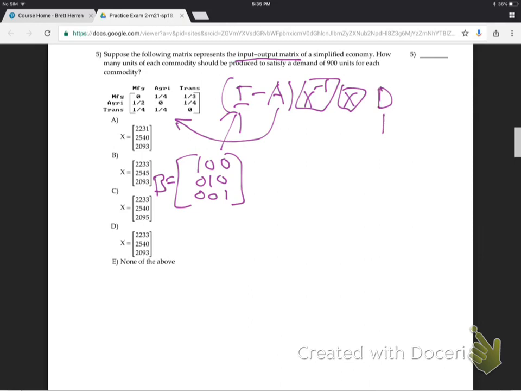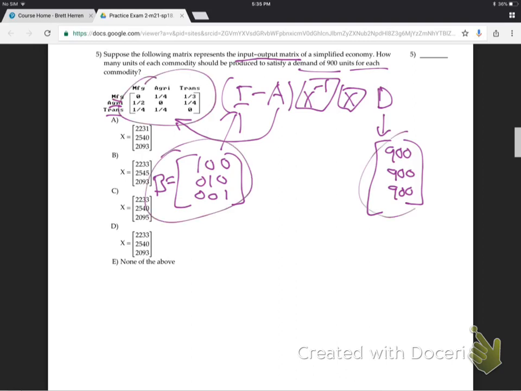And the D matrix, what's the D matrix? It's right here. Demand of 900 for each. 900, 900, 900, right? There's 3. It's manufacturing, agricultural, and transportation. And they're all 900. So basically put this in matrix B. This is matrix A. And this is matrix D.